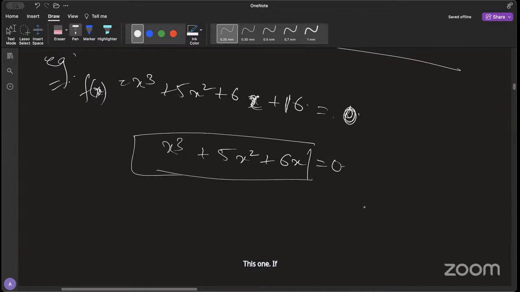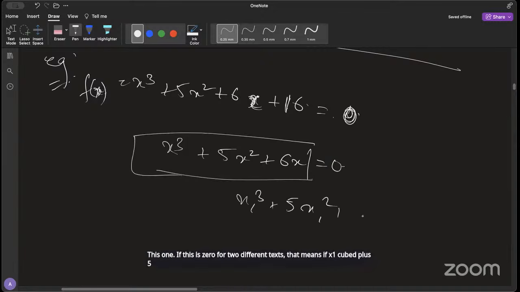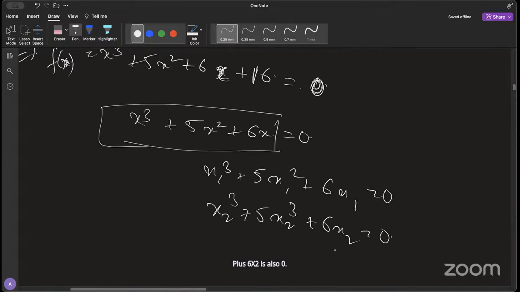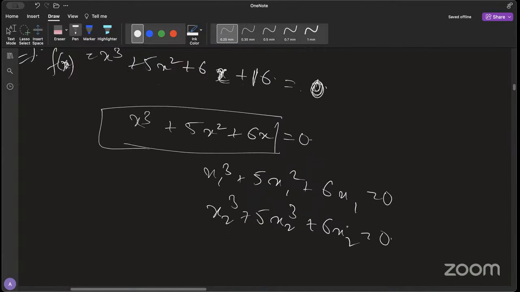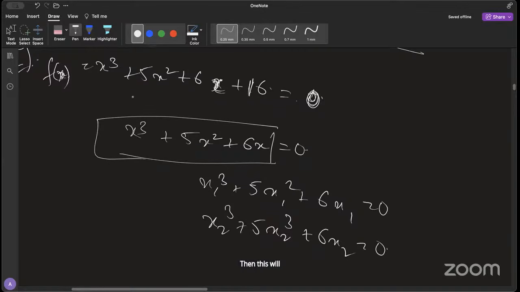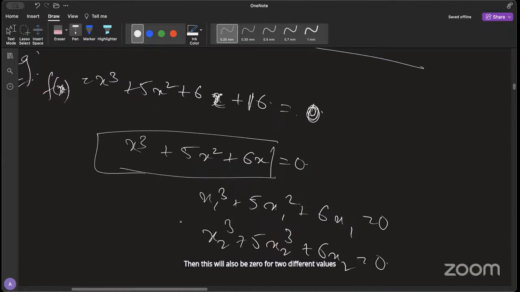If this is 0 for two different x, that means if x1 cube plus 5x1 square plus 6x1 is 0, and x2 cube plus 5x2 square plus 6x2 is also 0, then this will also be 0 for two different values of x, right? The constant does not change anything.